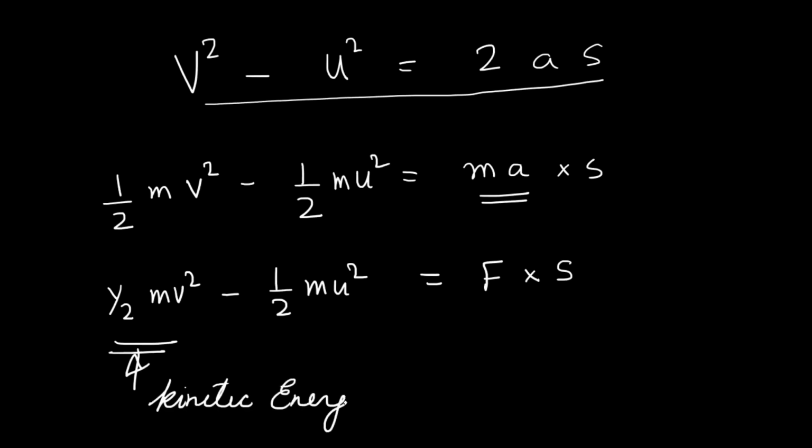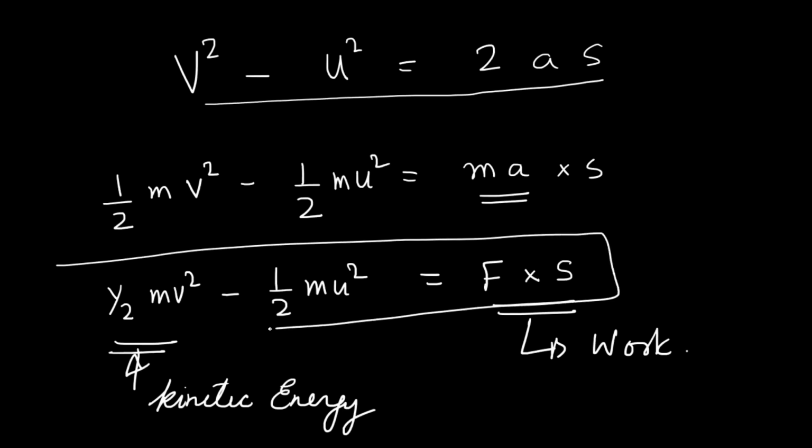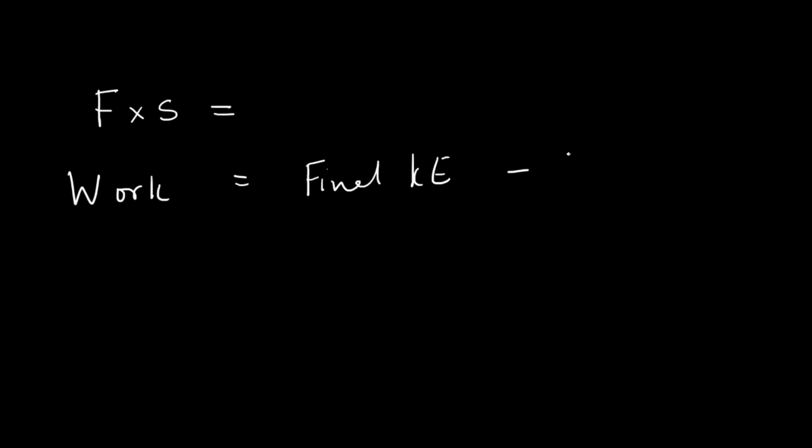Now this also we can call something. Let's just call it work in this example. So here we have a statement of the work energy theorem. Work, which is defined as force into displacement in this example, is equal to final kinetic energy minus initial kinetic energy.